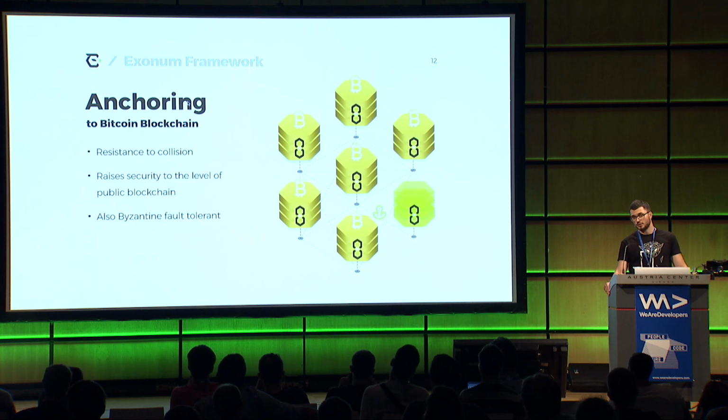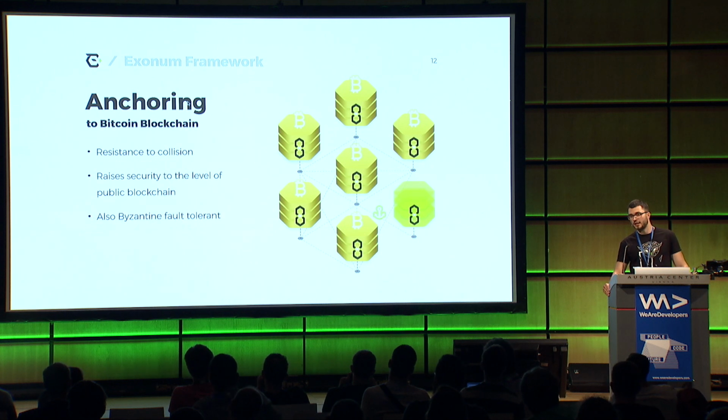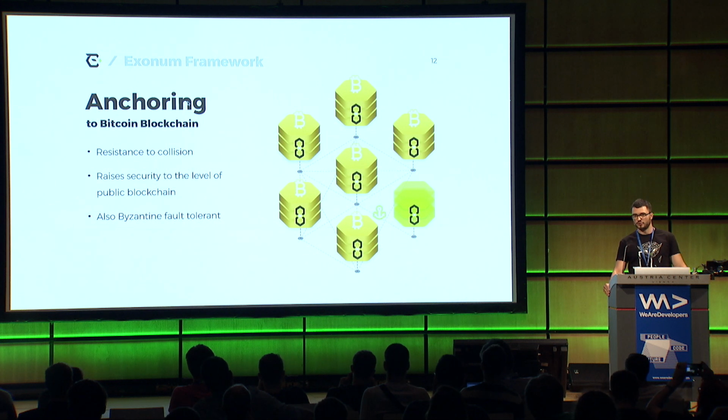Anchoring, which is, I would say, one of the coolest features of our approach. How does it work? Architecturally, it's very similar to a sidechain concept. Periodically, we take a snapshot of our private network and publish it on the Bitcoin, which increases the level of resistance to collisions.